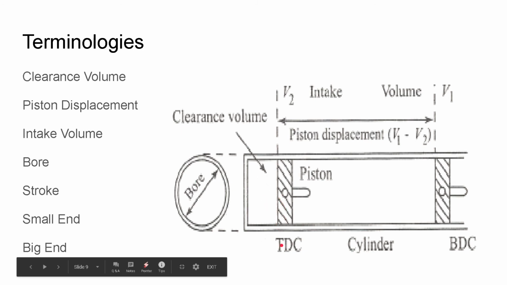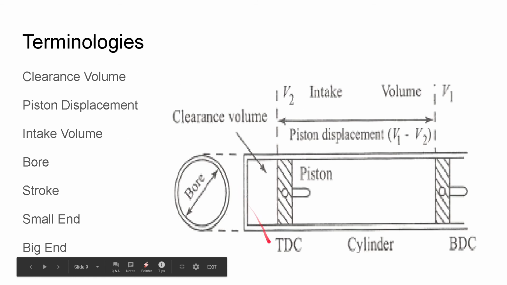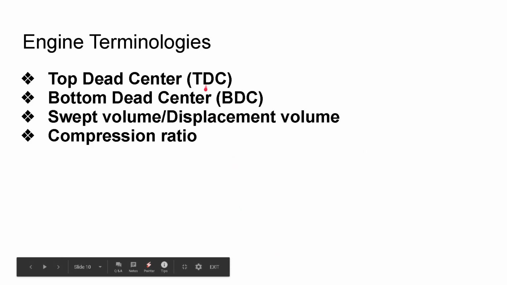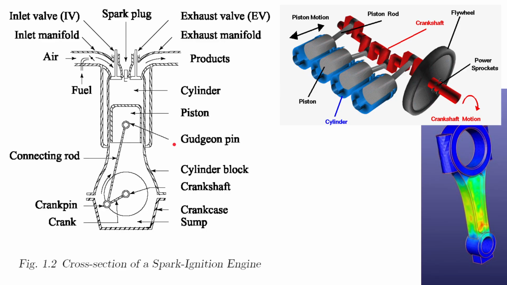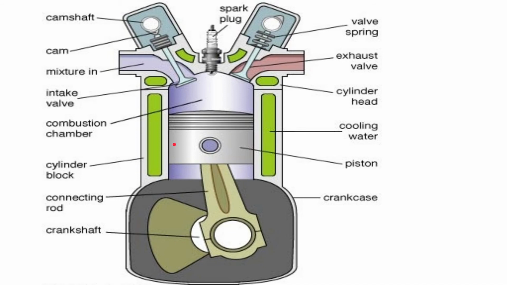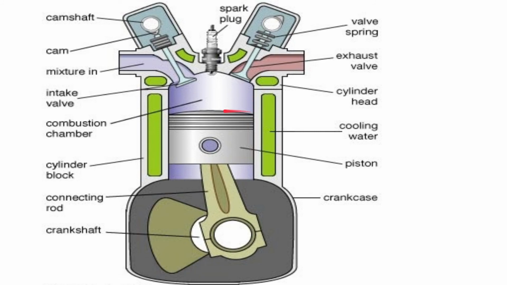Then let me define the TDC and BDC, which are very important. TDC is the top dead center and BDC is the bottom dead center. Top dead center means, let me use this diagram, when the piston is farthest from the crank, at the topmost position with respect to the combustion chamber.